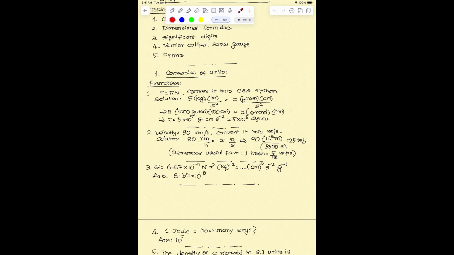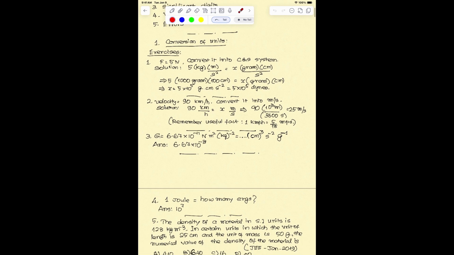Once you cancel it, you can write 5 into 1000 into 100 equal to x, because all the other units have got cancelled. Then x you can solve. Also, incidentally, the name given to the CGS unit of force is dyne. That's just incidental.